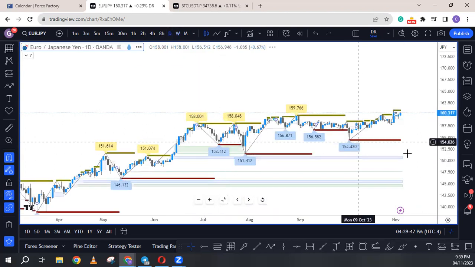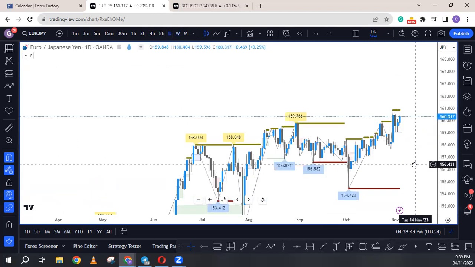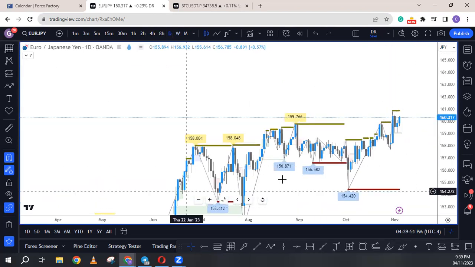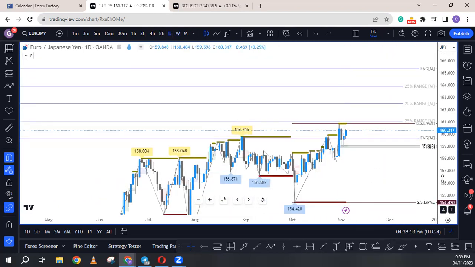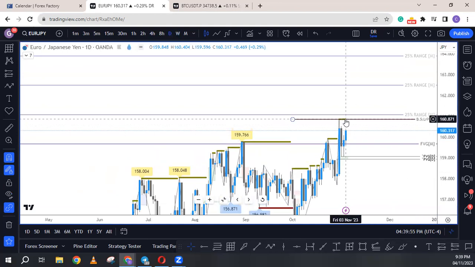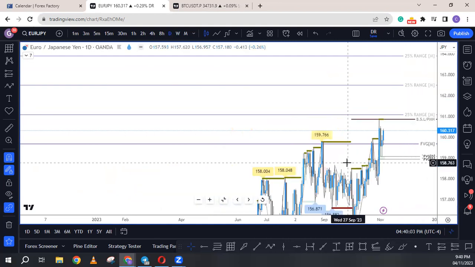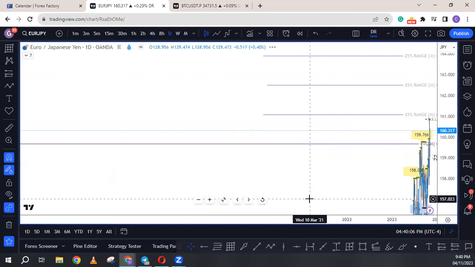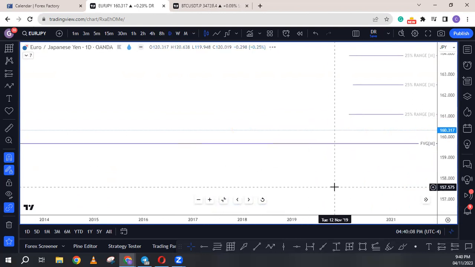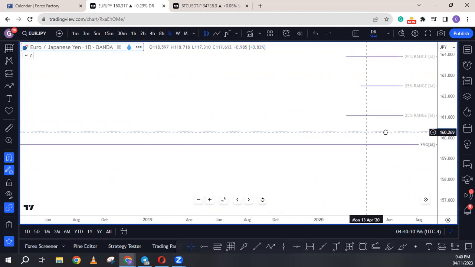If we drop down to the daily, looking at this pair, if I put back my notations, this pair will be looking for 161. That's 161 first. Then if it takes out that 161, let's look to the left. Do we have any structure points here to the left?